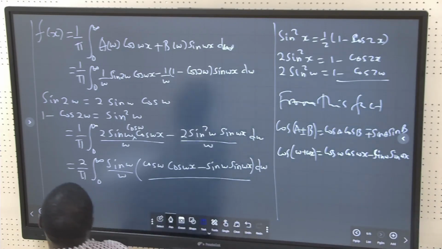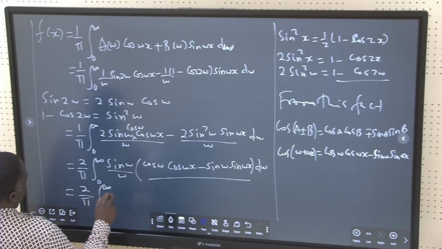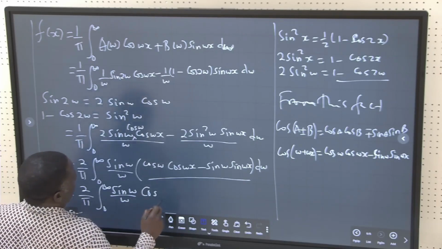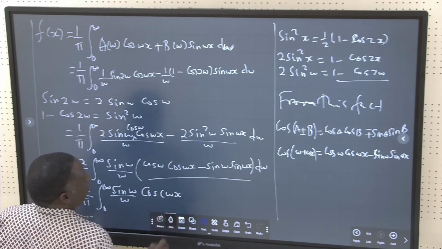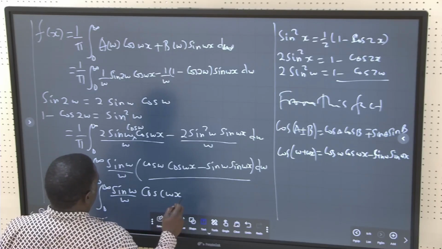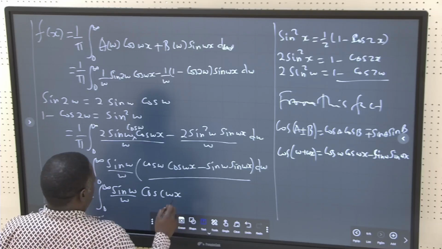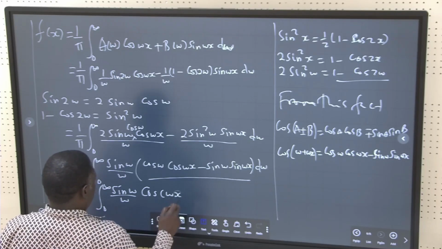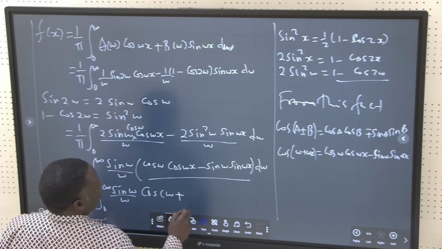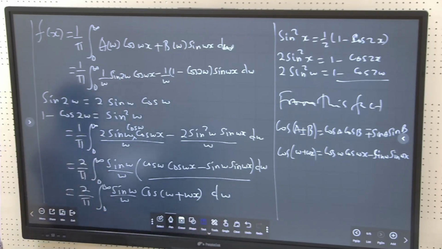So this is 2 over pi, the integral from 0 to infinity, sine ω over ω, and here we have cosine of the bracket ω plus ωx, with respect to ω.